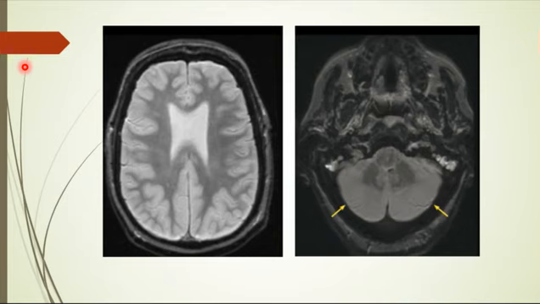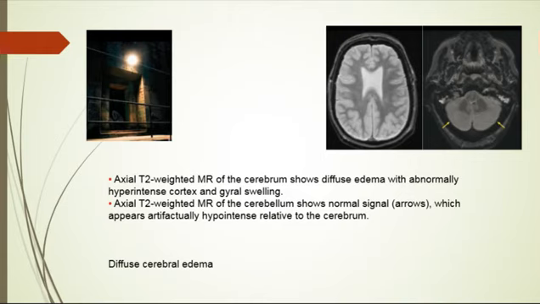Because the cerebrum appears dark on the CT scan due to what? Due to edema. And on the MRI, the edema will be what? So it will be exactly the opposite. It will be increased signal intensity on the MRI, okay? So you can see diffuse edema with abnormal hyperintense cortex and gyral swelling on the brain MRI, on the T2, okay?